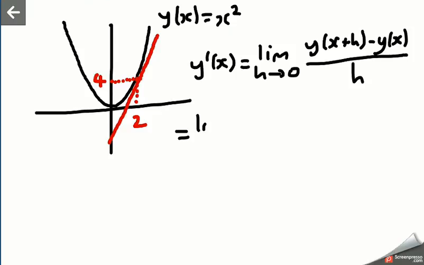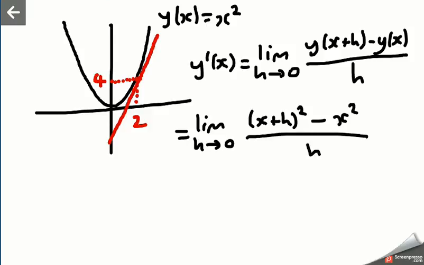So that's equal to the limit as h tends to 0. What is y of x plus h? Well, y of x is equal to x squared. So that means y of x plus h is equal to x plus h squared, minus y of x. Well, y of x is x squared. So minus x squared, divided by h.